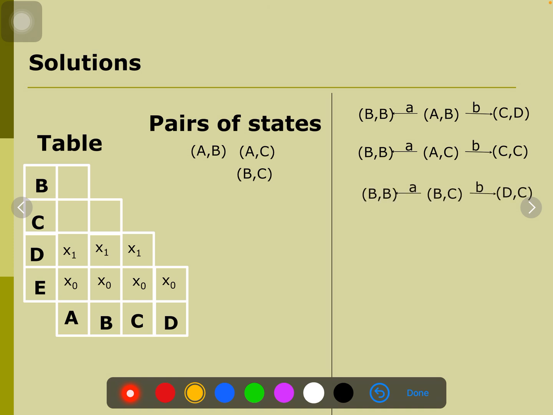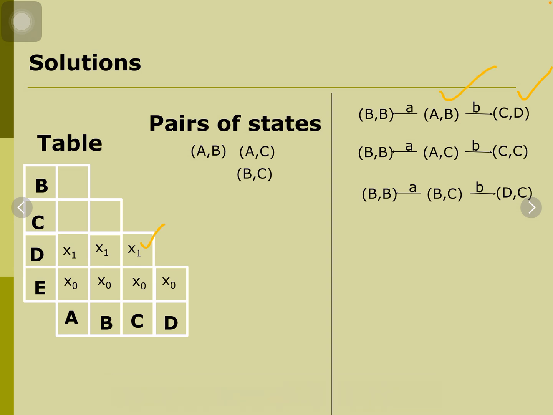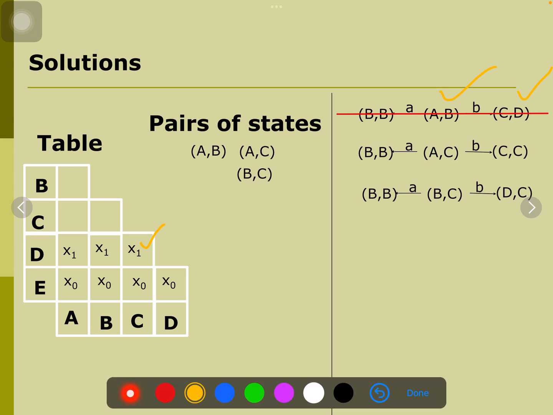Now CD is marked by X1, so I have to mark AB, right? Next, CC, BB is not possible. Then let us move to the last pair of states.